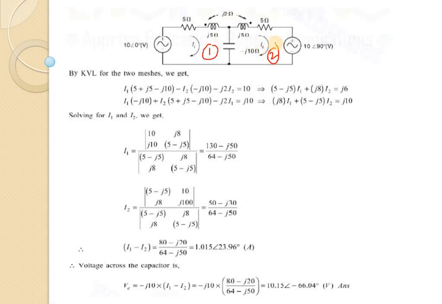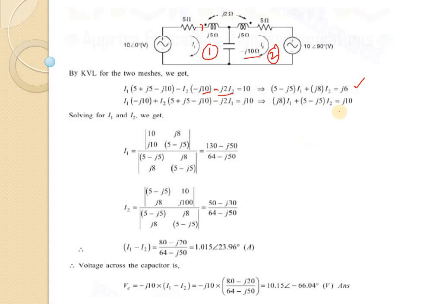In loop 1, we have I1 into (5 plus J5 minus J10) minus I2 into the adjacent one, that is minus J10. And for the mutual inductance, the dots are in opposite positions, one entering and another leaving, so it will be minus. So the mutual inductance term is written as minus J2 I2, equals 10. That is our first equation.